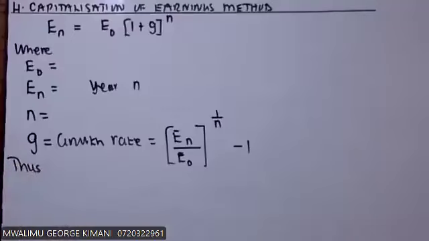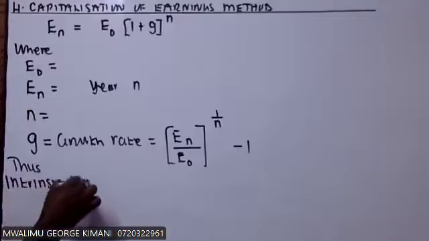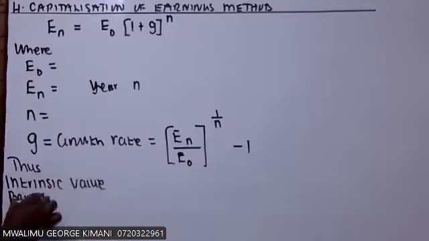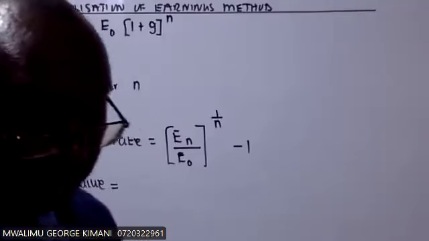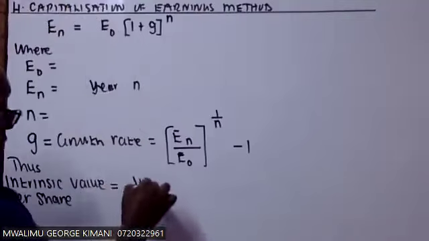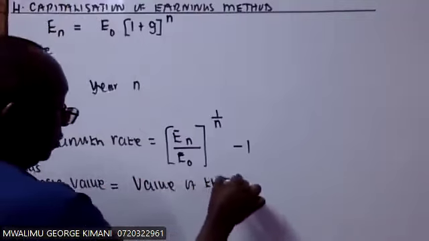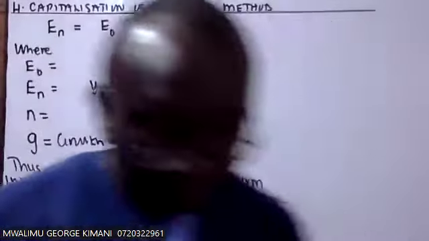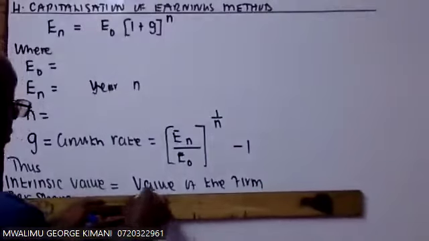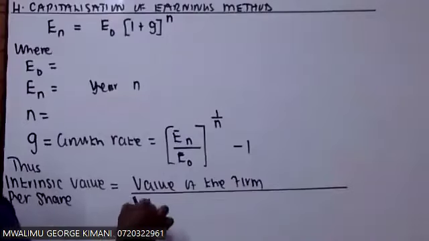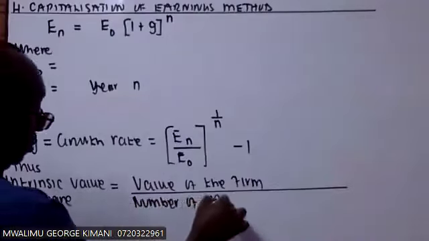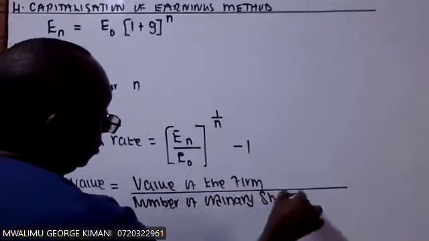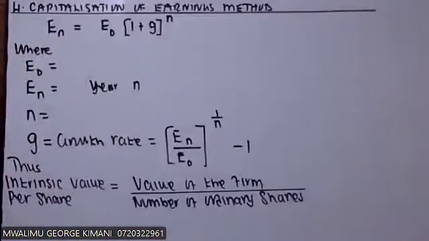Thus, intrinsic value per share is equal to the value of the firm divided by the number of ordinary shares.